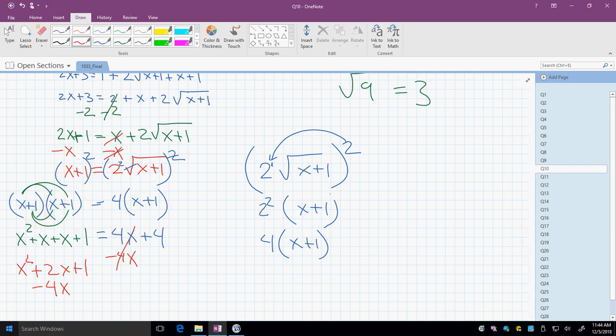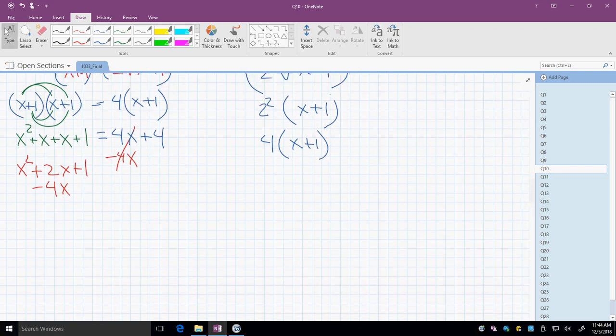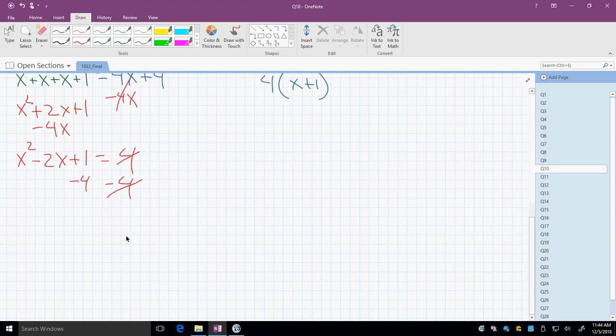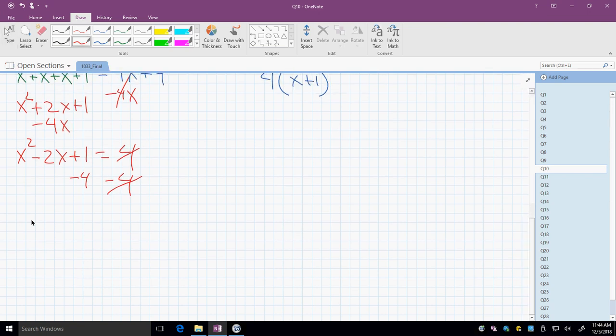These cancel. I have x squared, that's going to give me negative 2x plus 1 equals 4. Now I'm going to move the 4 to the other side by subtracting 4. Subtracting 4, this cancels. Now I have x squared minus 2x minus 3 equals 0.